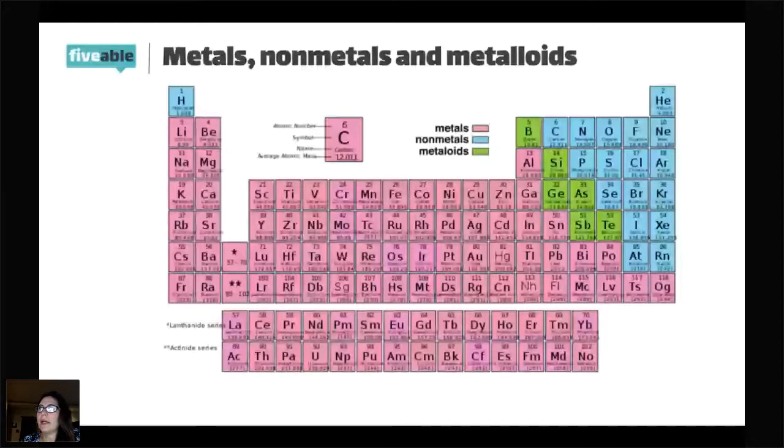So the metals would be here in pink, and they're metals because they're most likely to, what do you think metals will most likely do? Lose or gain electrons? Excellent. They will most likely lose electrons and they will gain a positive charge. What about the nonmetals?